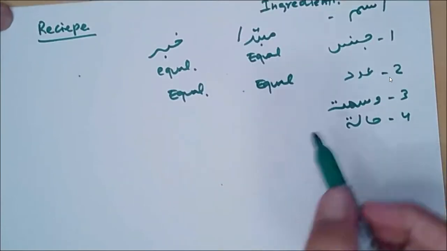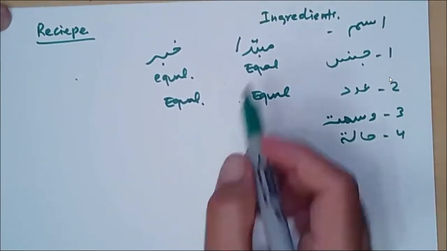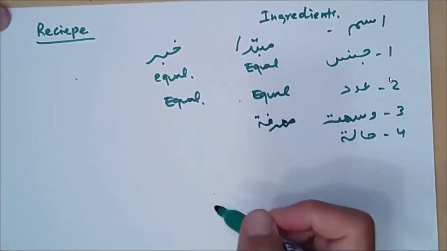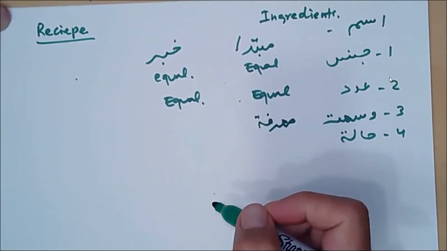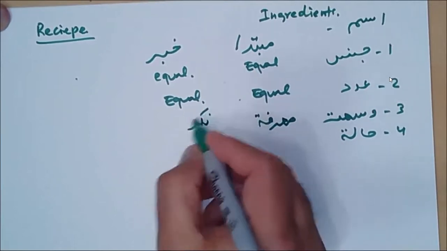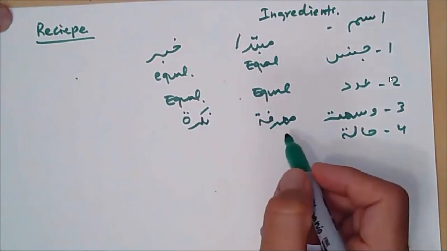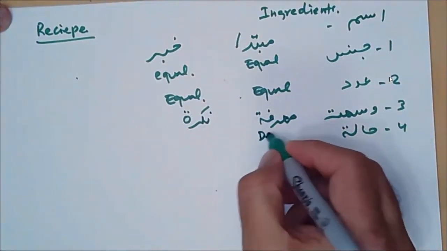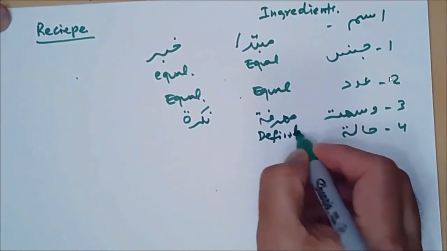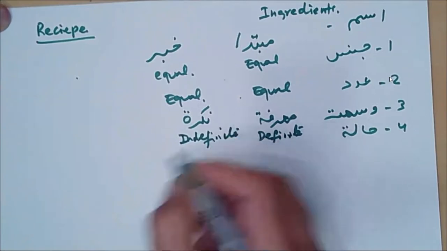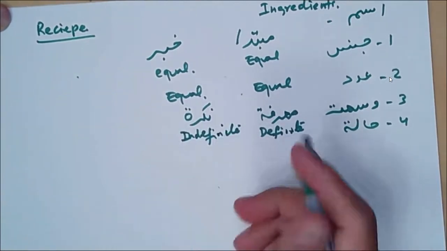Okay, good. Now, when it comes to wusat, the mubtada is going to be marifa, and the khabar will be nakara. Do we know what marifa is? It's a definite noun, and this is an indefinite noun, and it is a proper and common noun, right?